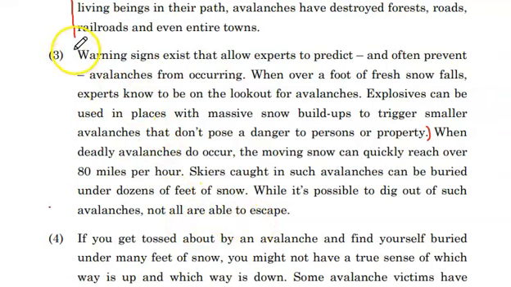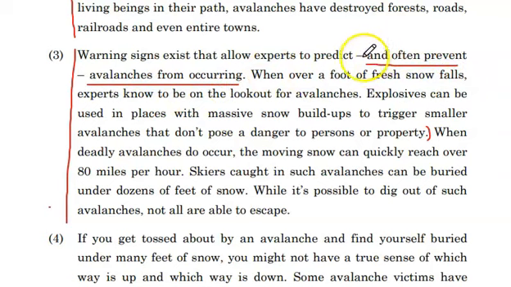Now, let us understand what this paragraph is talking about. In simple words, it is talking about what measures can be taken to prevent avalanches from occurring. So what steps, what measures can be taken to prevent avalanches from occurring?